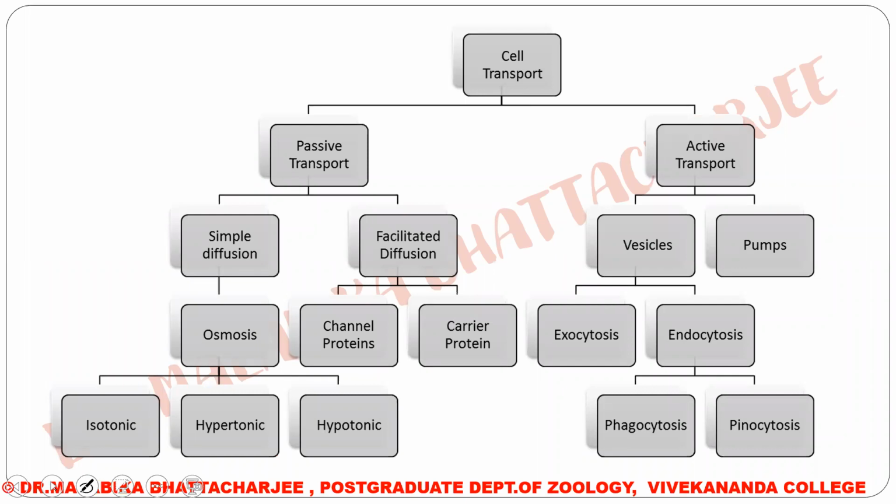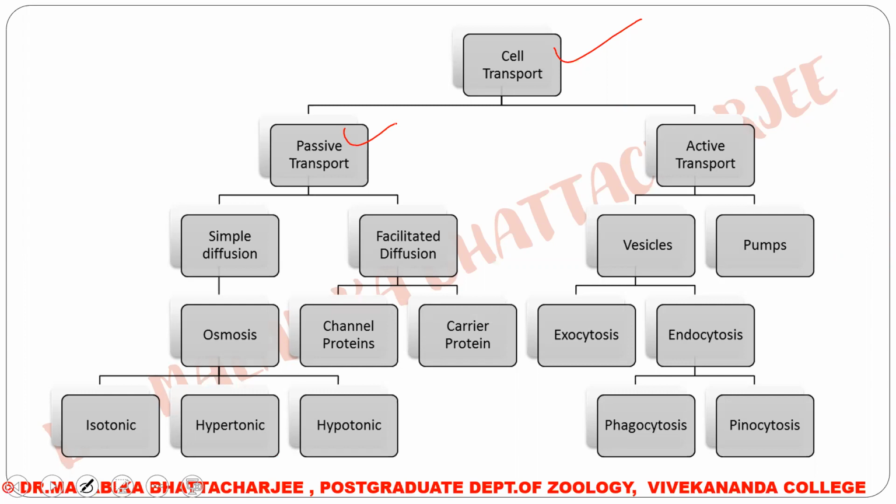Now this is another way, where the difference has been shown as to how many channels and transporters are involved. Some we have already discussed. When we are talking about cell transport, we studied that there was transport of small molecules and large molecules. Now we'll restrict ourselves to the transport of molecules. There is passive transport. No help is needed.